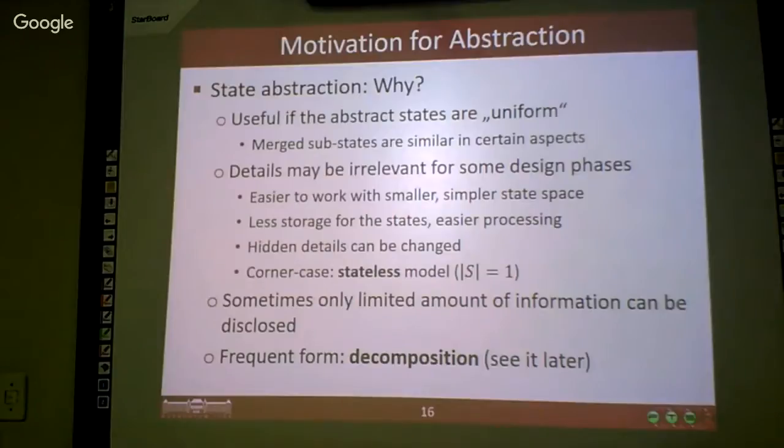It can also yield less storage requirement for the states, and it is easier to process. And you can hide details. So abstraction helps you in designing these state-based systems and to provide the appropriate information at the individual levels of the development.